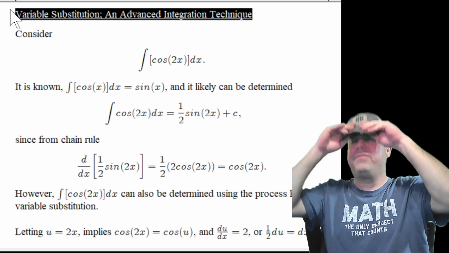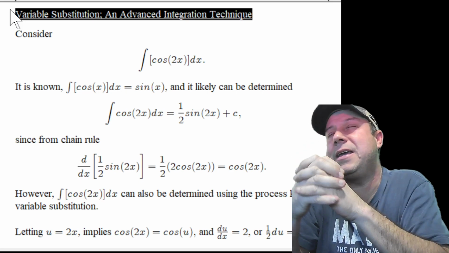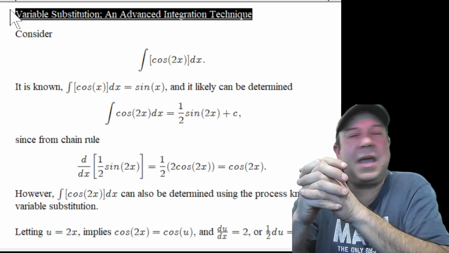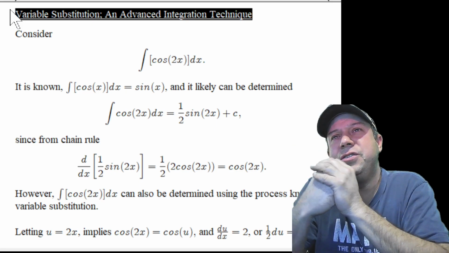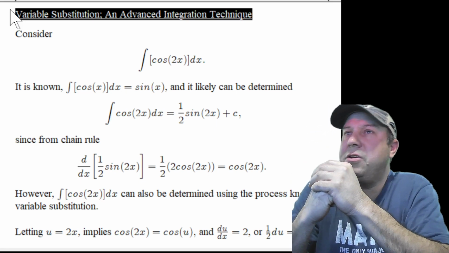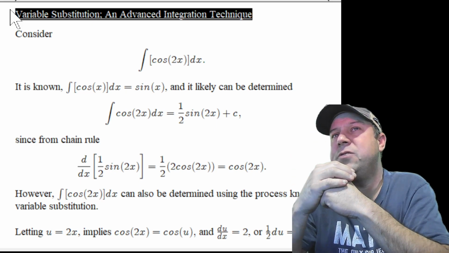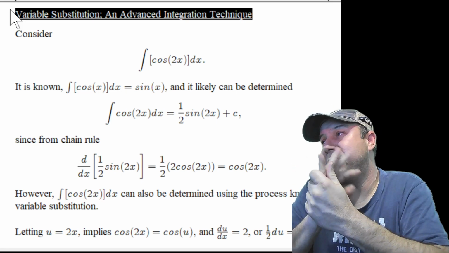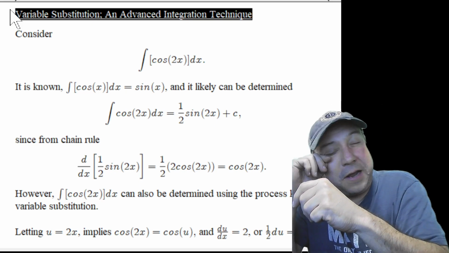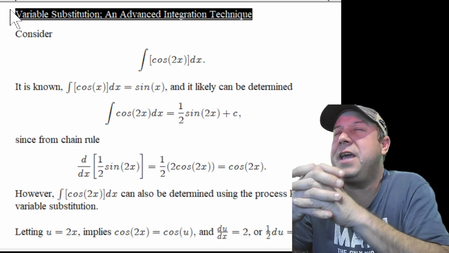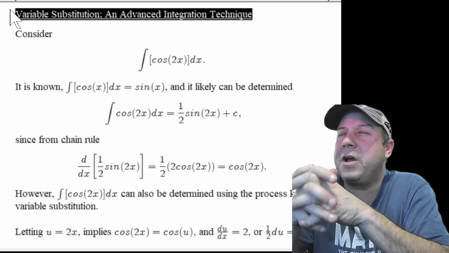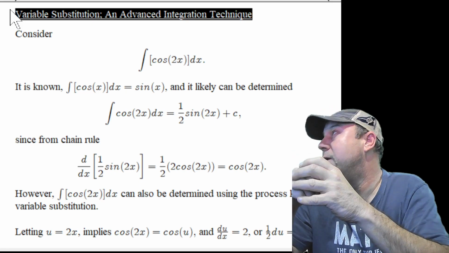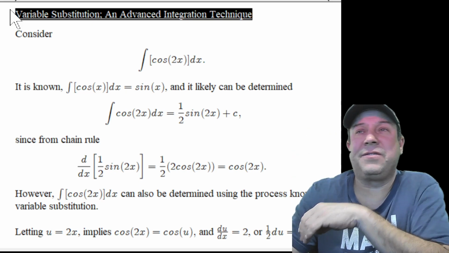You do want to be familiar with this technique coming back in Calc 2. You're going to be looking at a lot of applications of integration where you're going to at times have to apply variable substitution in that process. And then after you spend a chapter on looking at application of integration, we're going to come back to looking at a few more advanced techniques for integration.